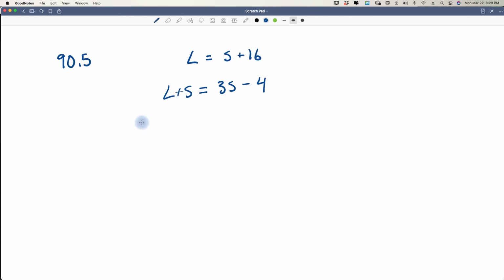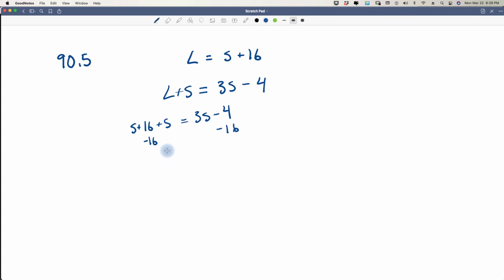So we're going to use substitution. And we're going to say S plus 16 plus S, because that's what L equals, 3S minus 4. So we're going to subtract 16 from both sides. We're going to combine these two.